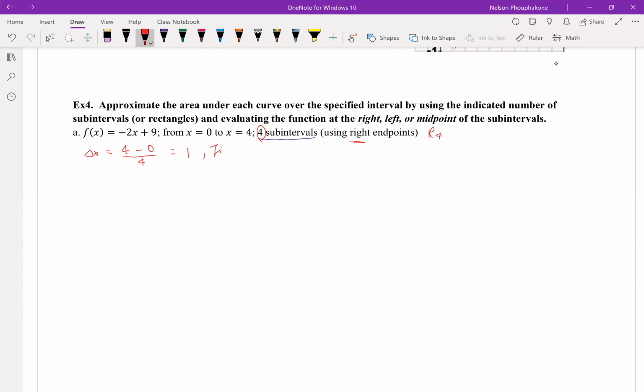And then we would like to find R sub 4, right? This is what we are looking for. Now let's check it out. This is between 0 and 4, and now we would like to separate this into 4 subintervals. Then, of course, the inputs that we are going to work with are 0, 1, 2, 3, and 4, right?